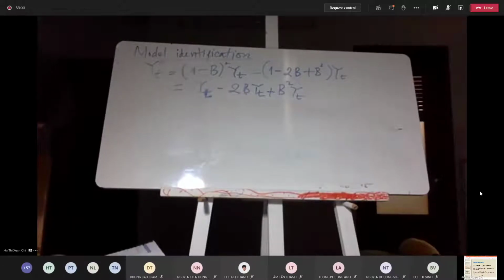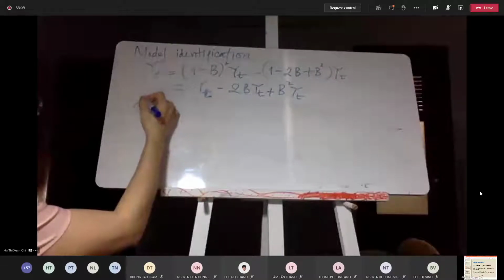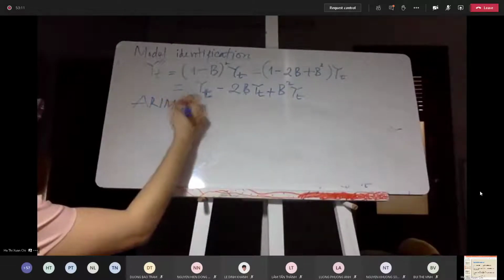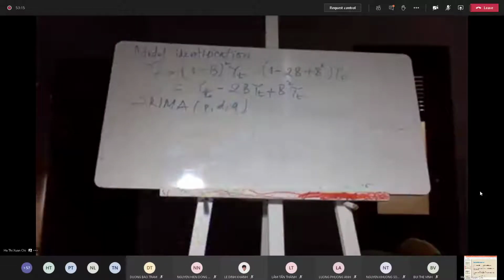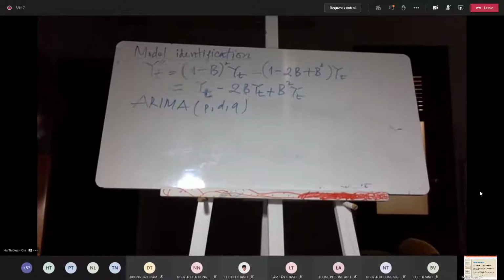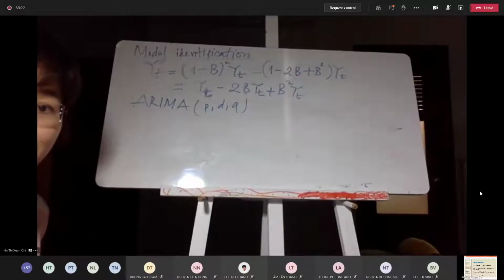Then we finish with model identification. The next step, after we define P, D, Q, what should we do? We move to another step, that is, we estimate them.